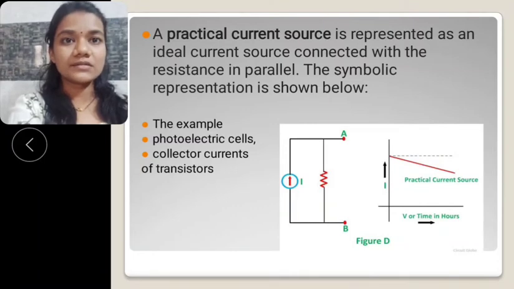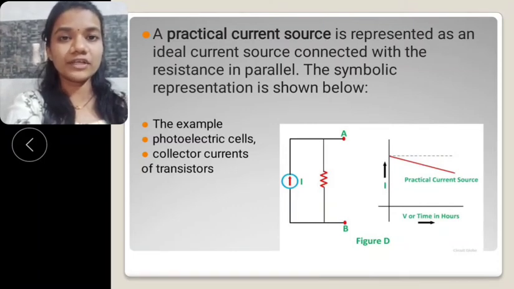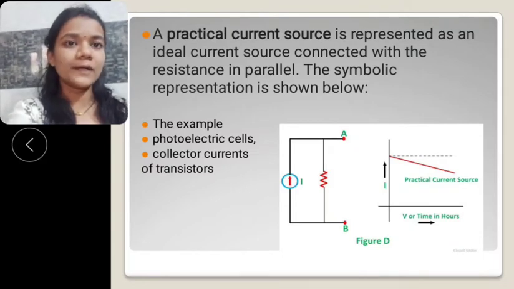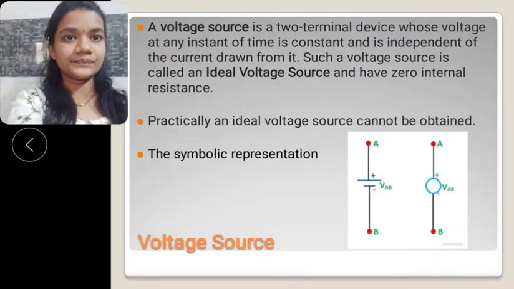Examples of practical current sources are photoelectric cells and the collector current of a transistor.